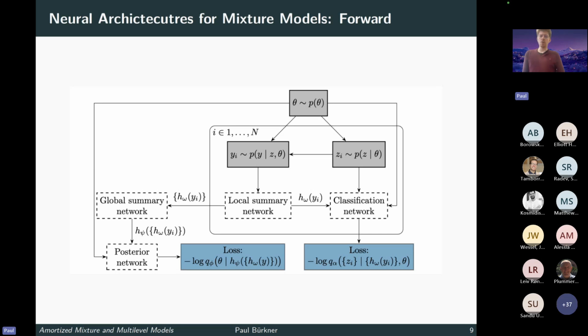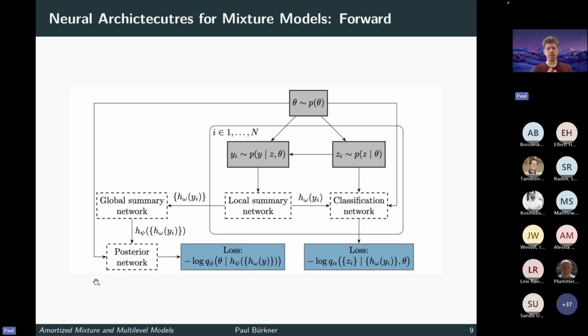So based on the local summary network for the observational unit i, we're going to train a classification network based on the true labels Zi and what the summary network tells us, for example, via a maximum likelihood loss. So here we have the local summary network feeding into the local inference network, which in this case is a classification network because we are dealing with discrete parameters.